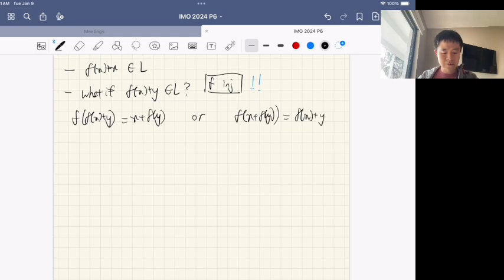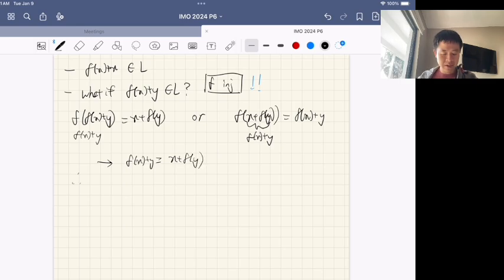So if this is the case, then this is just the same as f(x) plus y. Now, if this is true, then because it's injective, this inside must be the same as f(x) plus y. So in either case, both point to f(x plus y) equals x plus f(y).